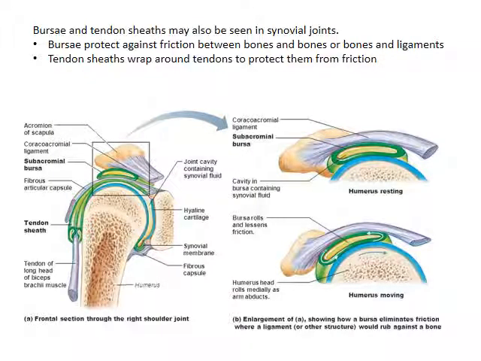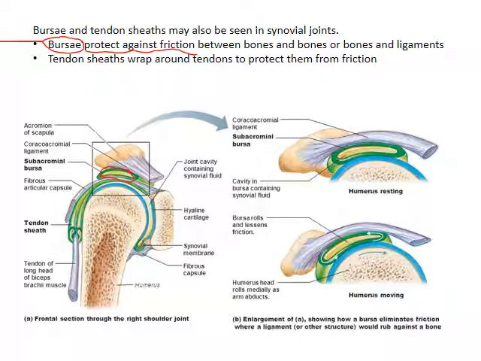Alright, so then synovial joints can also have these other structures. What it's saying here, bursa and tendon sheaths. Bursa, think of them as little cushions. These can be between the bones and ligaments or bones and tendons, and these are to protect against friction in these parts.